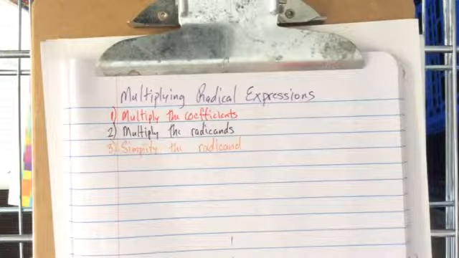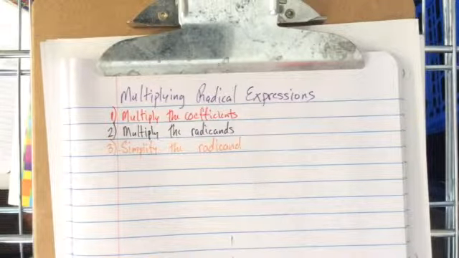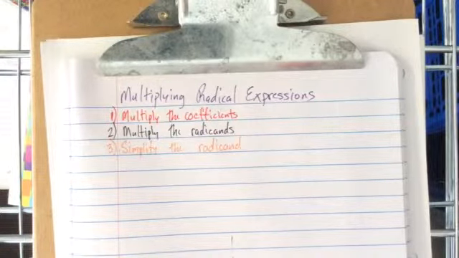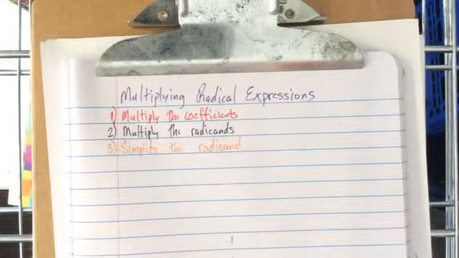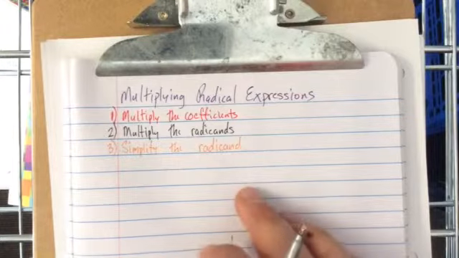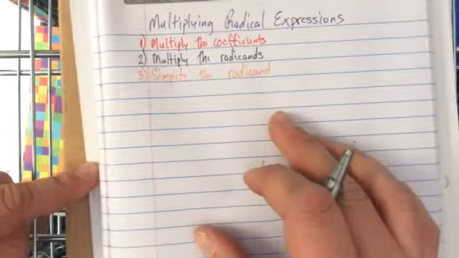So we got 3 simple steps using multiplication and simplification. So we're going to multiply coefficients, multiply radicands, simplify the radicand. Let's look at a couple examples.